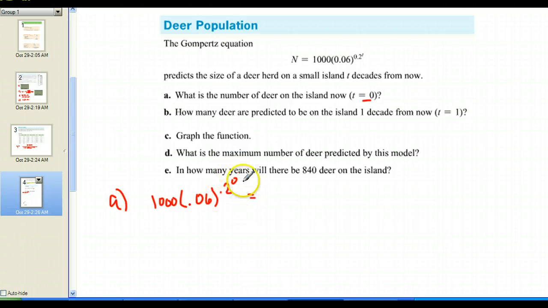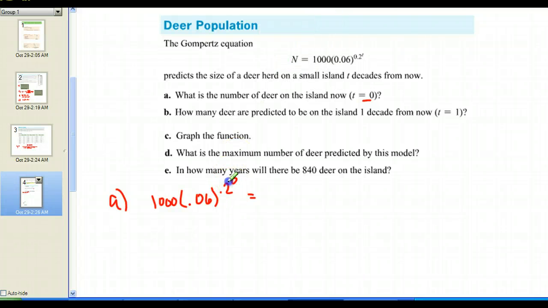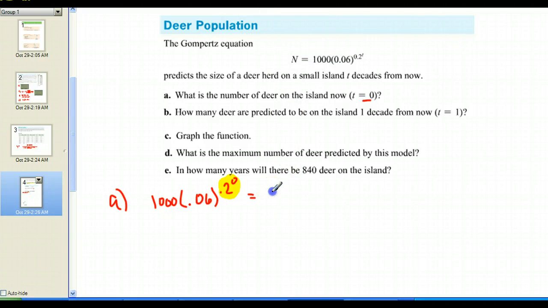Now remember, what's anything raised to the 0 power? This is equal to 1, because anything raised to the 0 power is equal to 1. So we get 1,000 times 0.06 raised to the 1, which is just 1,000 times 0.06.